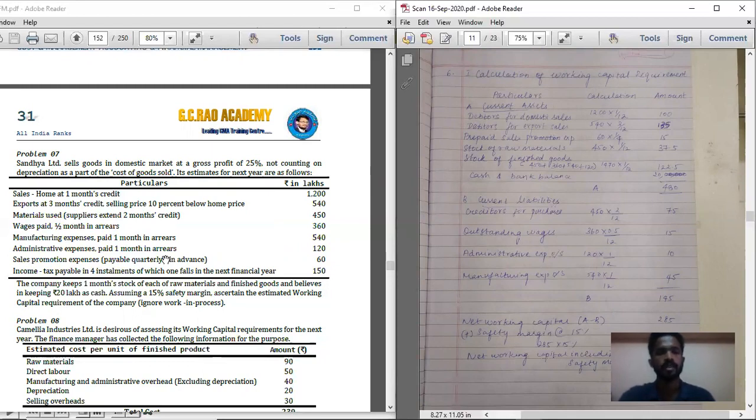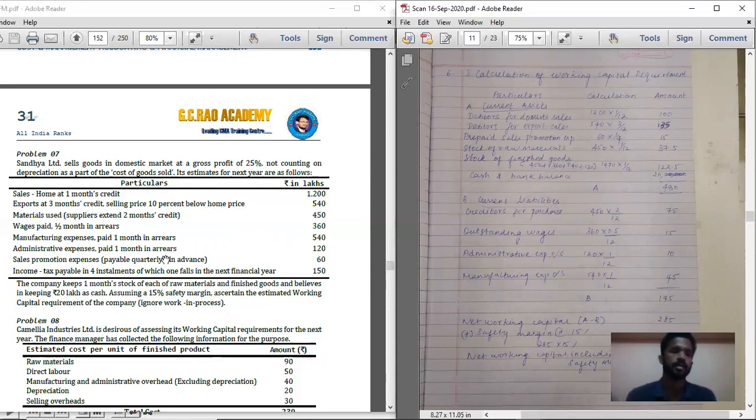Its estimates for next year are as follows. They are doing sales in both domestic market and export market. So how much is the net working capital required? That is what has been asked in the question.